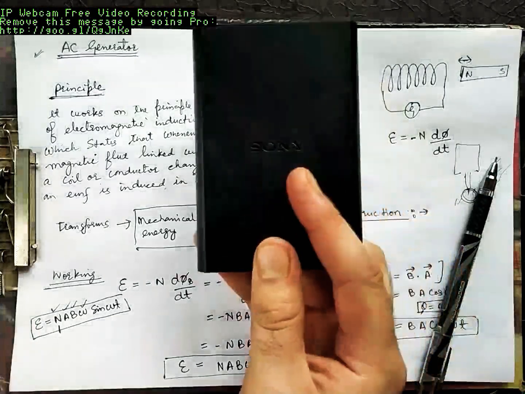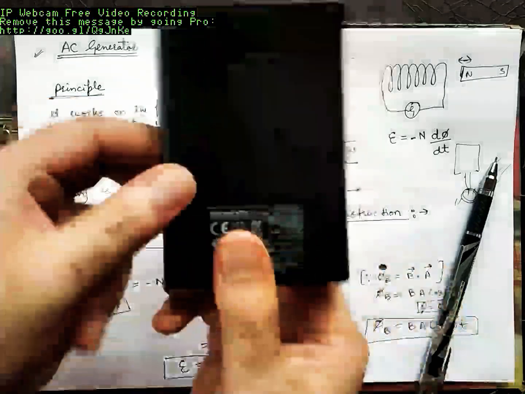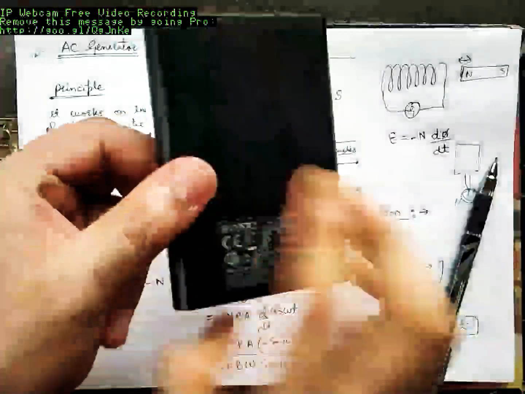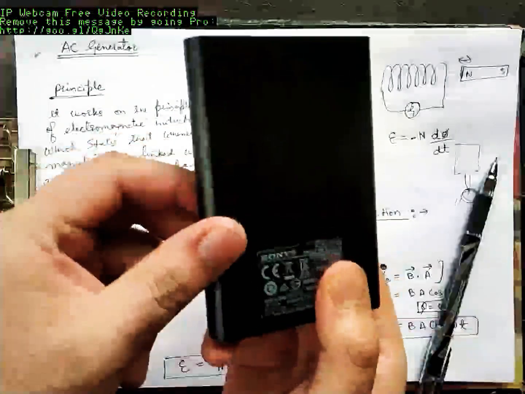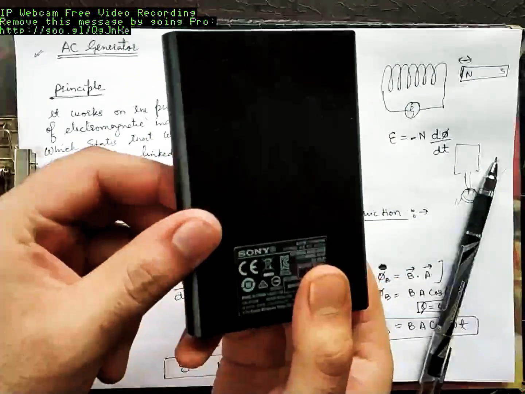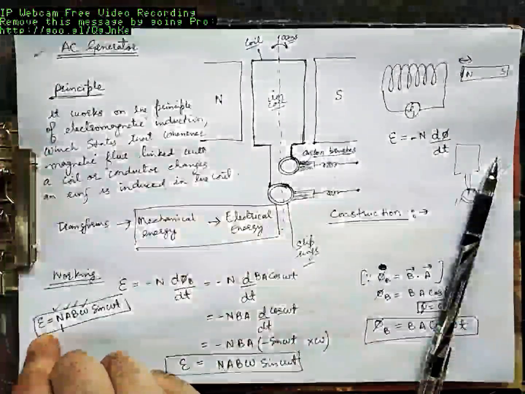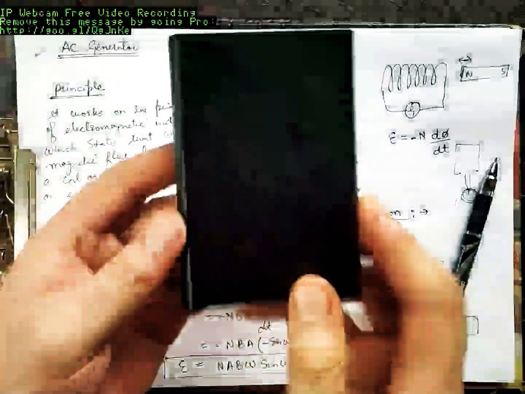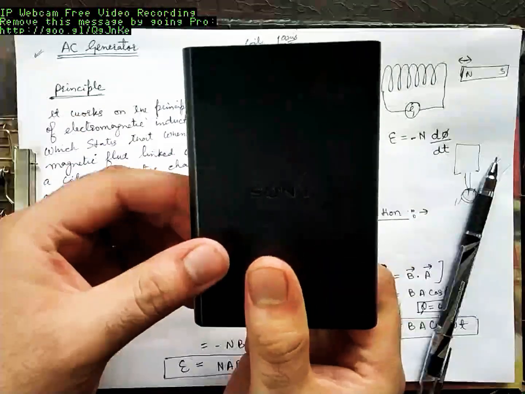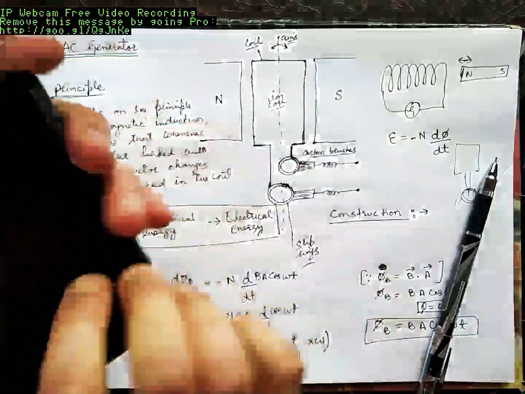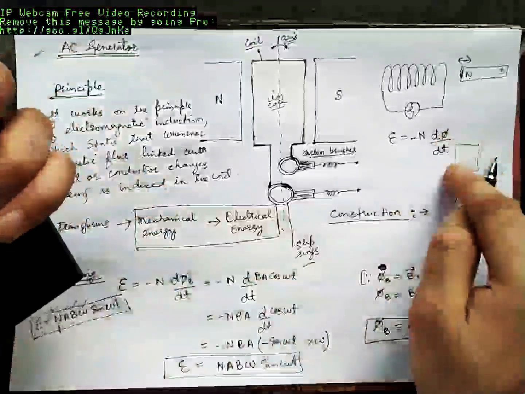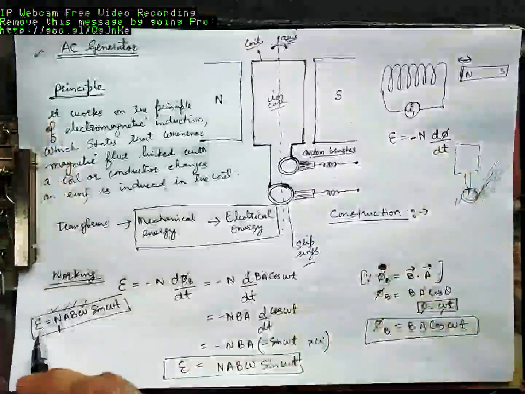The faster you rotate this coil, the more mechanical energy you are using, and the more will be the electrical energy, that is, the more will be the voltage. In other words, the faster you rotate this coil inside the magnetic field, the faster will be the change in flux d phi by dt. So more will be the induced EMF. So E is proportional to omega as well.